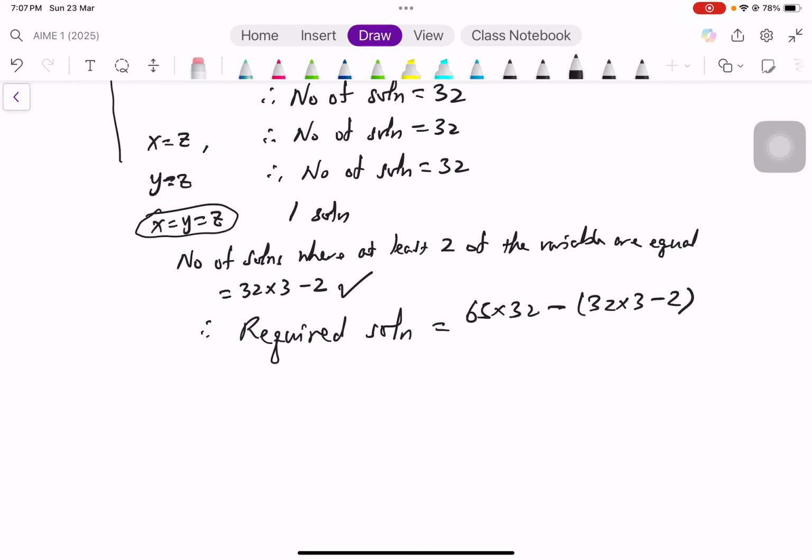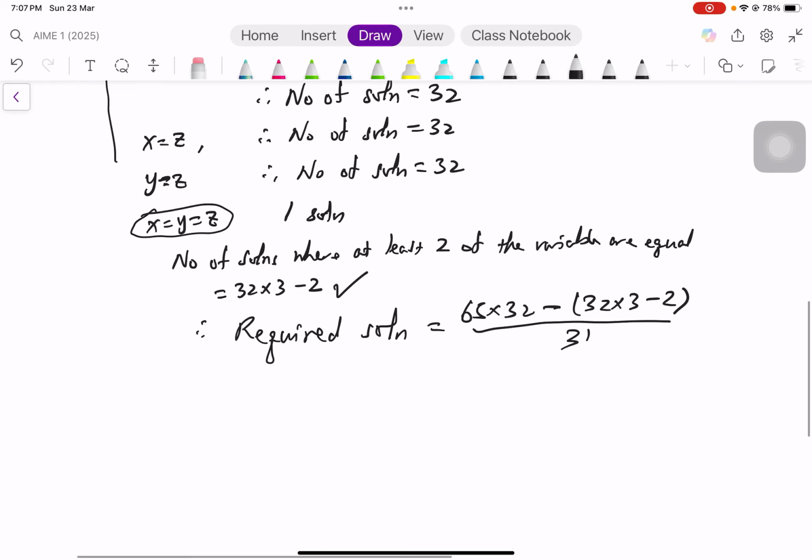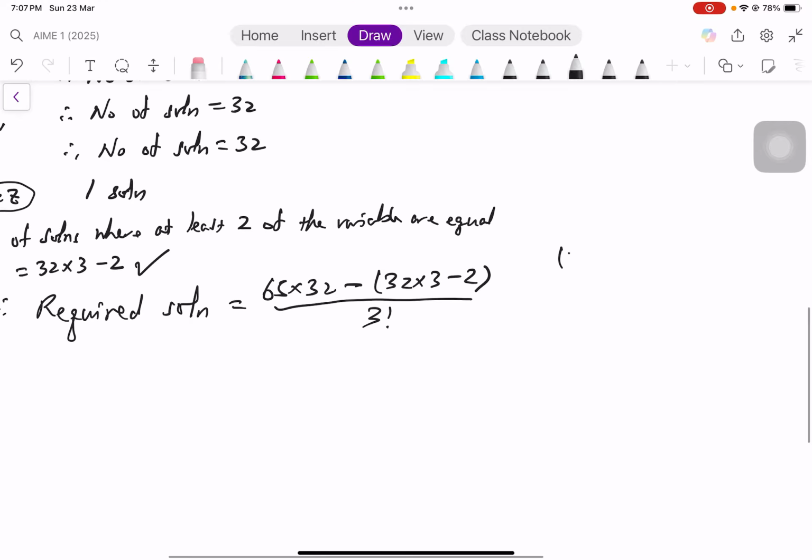But the thing is, you divide by 3 factorial. Why 3 factorial? Because every time you consider x, y, z, this is an unordered pair, but what we want is actually an ordered pair. Therefore, there are permutations among themselves.